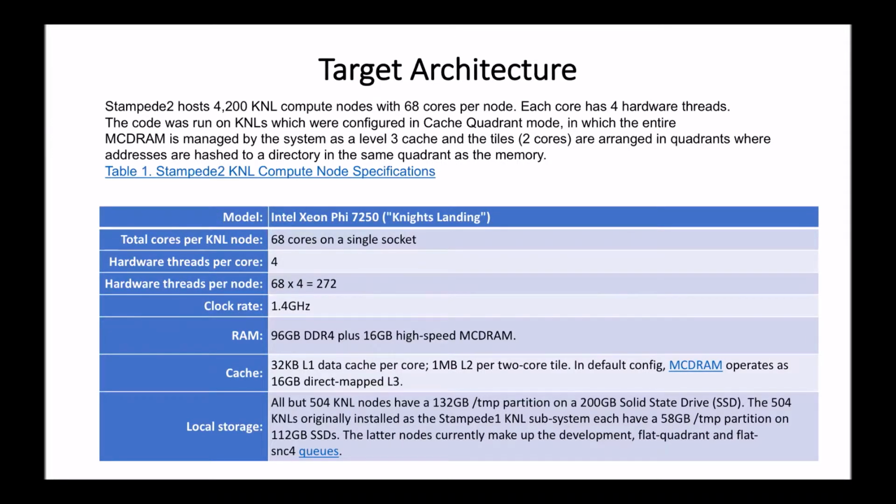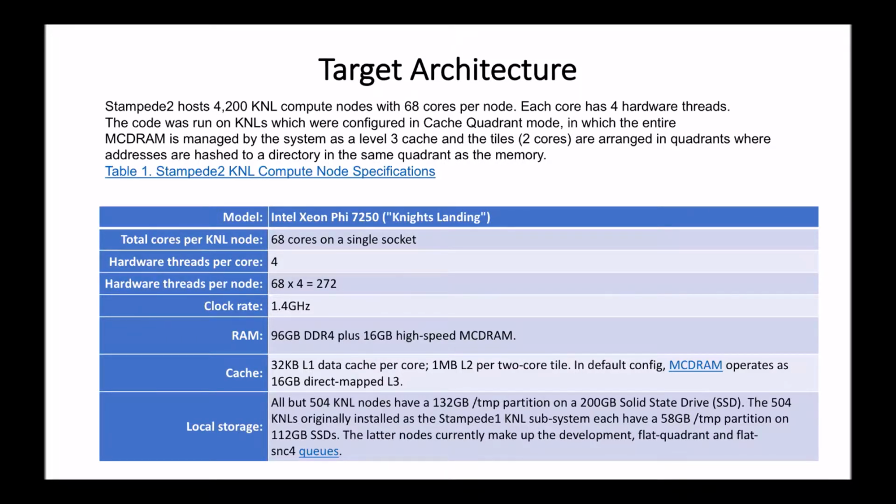This particular application was run on the KNLs configured in cache quadrant mode, in which the fast MCDRAM is managed as a level 3 cache, and the tiles, of which there are 2 cores per tile, are arranged in quadrants in which the addresses are hashed to a directory which is in the same quadrant as the memory.